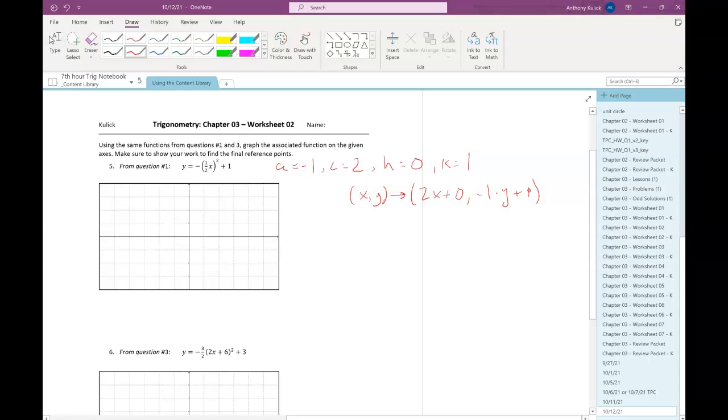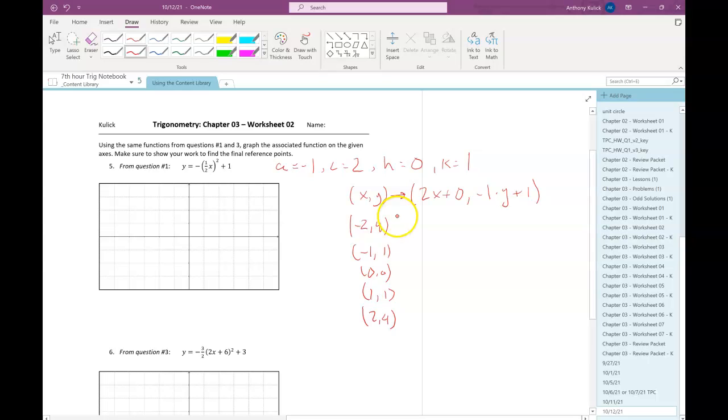And I'm going to use that transformation map on my key points for x squared, which I think I gave to you, and probably I wrote them on the other worksheet. But these are the 5 key points for x squared.